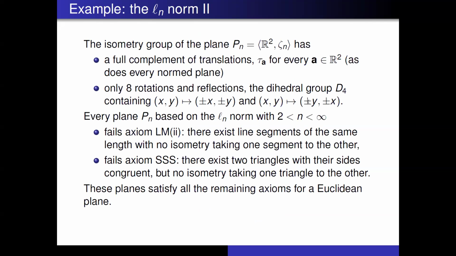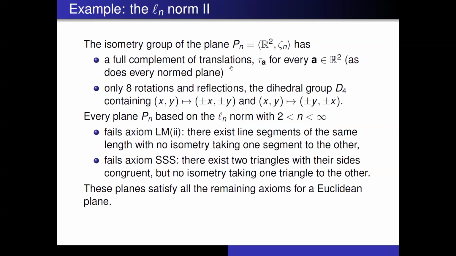So an 8-element group. And when I talk about D4, I'm going to mean this group. These are the matrices with determinant 1. Well, it depends. Sorry, that's not quite true.